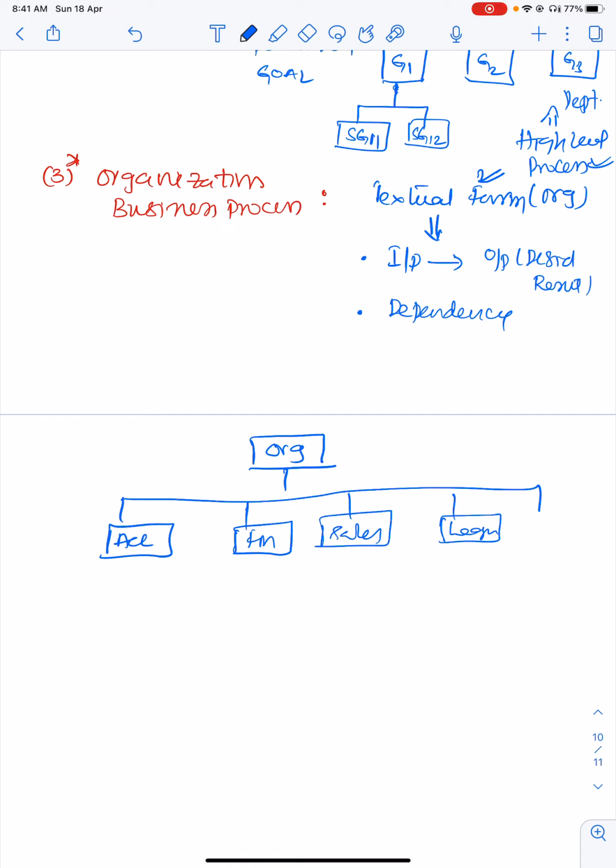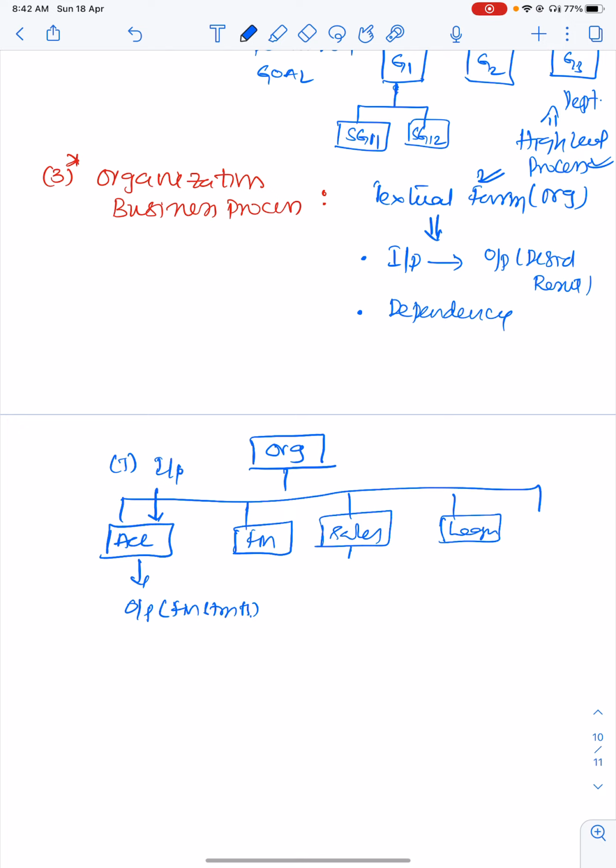So you have to define what is the input you are to give. You give certain transactions. What is the output you get from this particular department? Like financial statements. For every department, you have to do this: what's the input you need to give, what is the desired output, and what is the dependency with other departments.